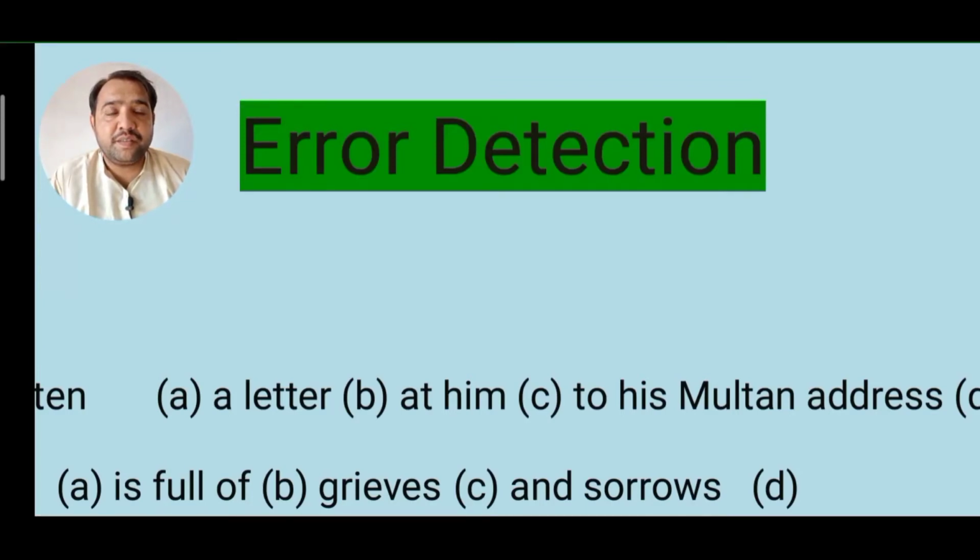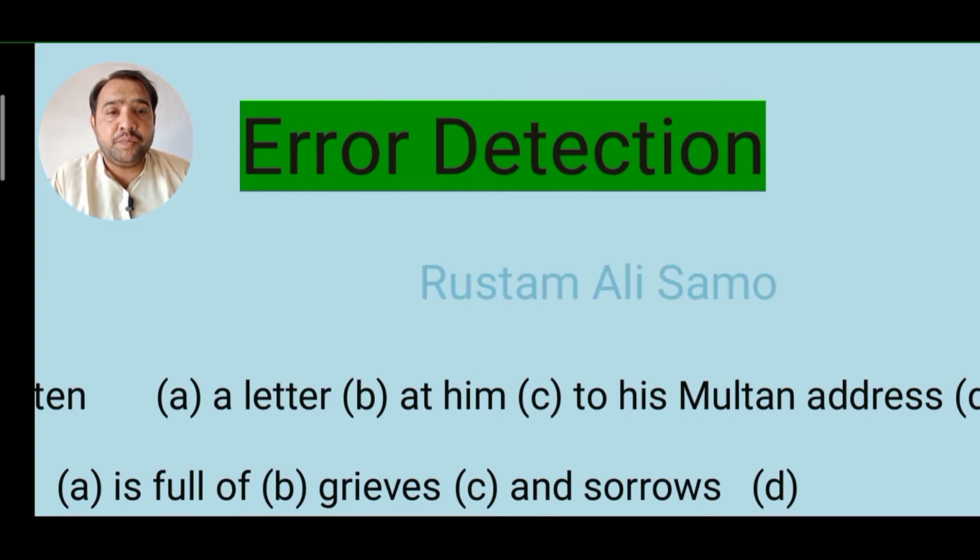Today in this session we will start a series of videos regarding this essential topic, error detection. It is a very useful and important topic which is going to be discussed in this video. Basically guys, this is a very essential and necessary topic because in different exams, in different tests, we have to face error detection.